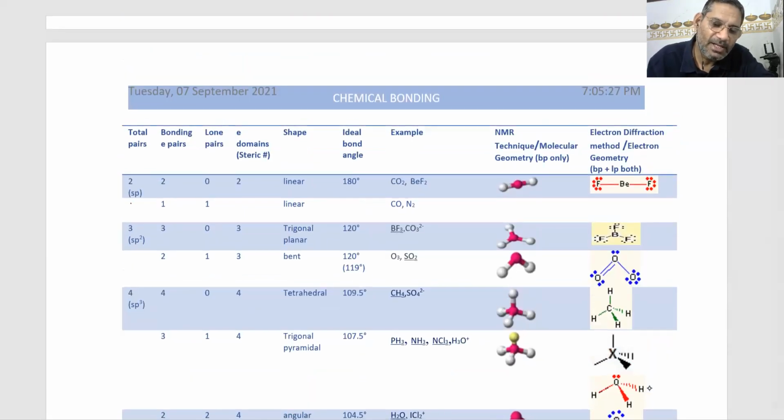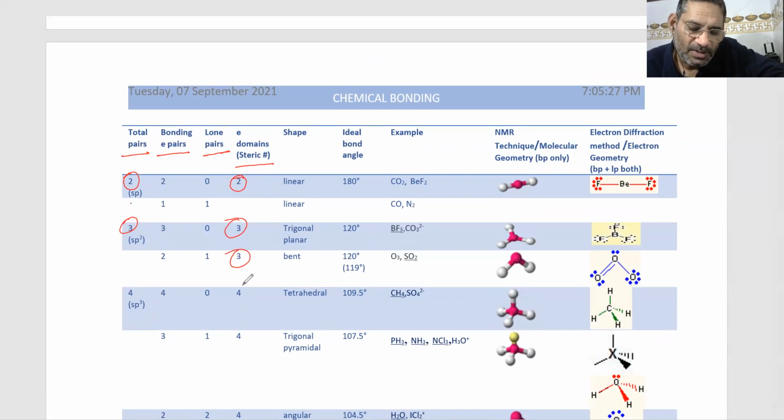I think you all can understand this very easily: total pairs, bond pairs, lone pairs, steric number. Steric number means the total number of electron pairs, that is the electron domains.